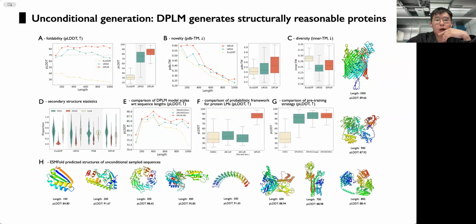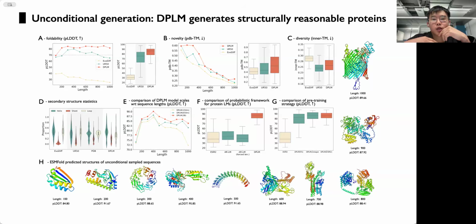So I didn't test lengths beyond 1,000, but I think, for example in this figure, longer proteins are a more challenging scenario for the model to generate. So for longer protein sequences beyond 1,000 residues, it can be much worse.